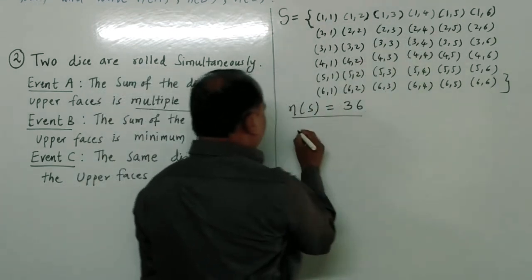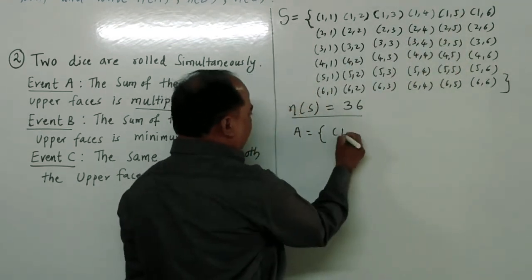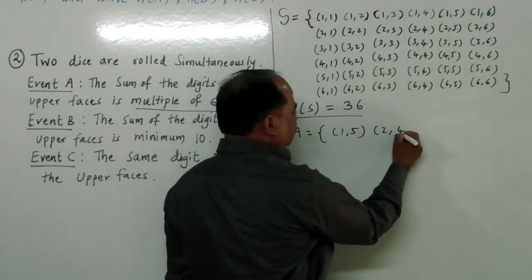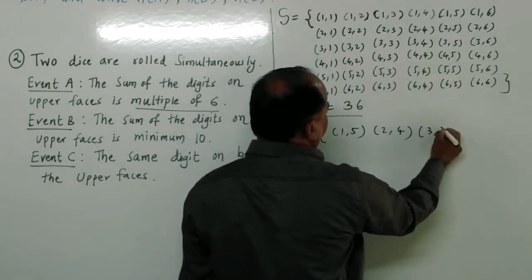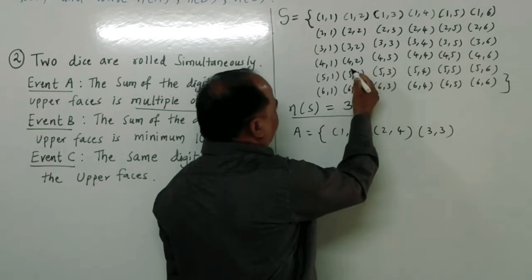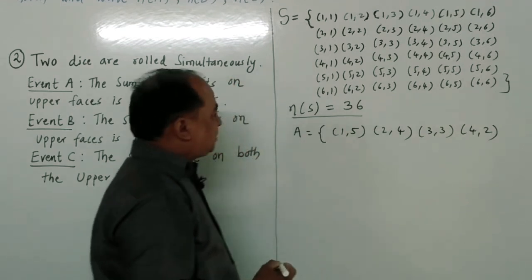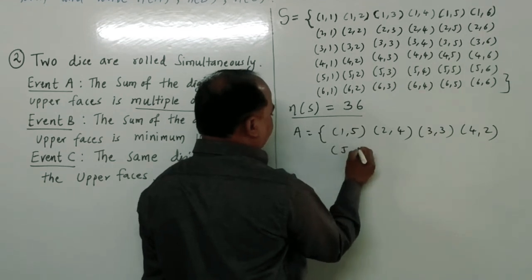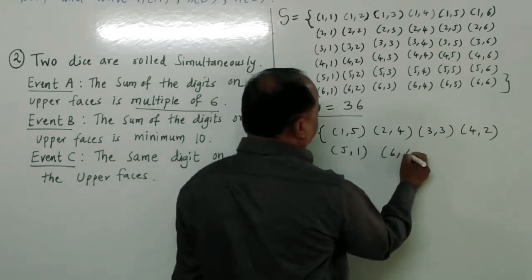So here in event A, the first element is 1 plus 5, 6. So (1,5), then (2,4), 2 plus 4 is 6 which is a multiple of 6, then 3 plus 3 is 6, then 4 plus 2 again 6, (4,2), then 5 plus 1 is 6, (5,1), then we'll get (6,6).